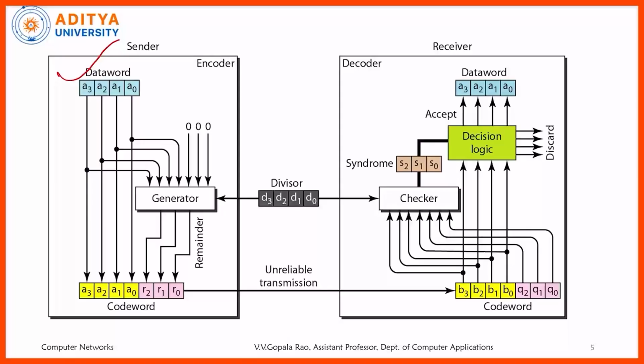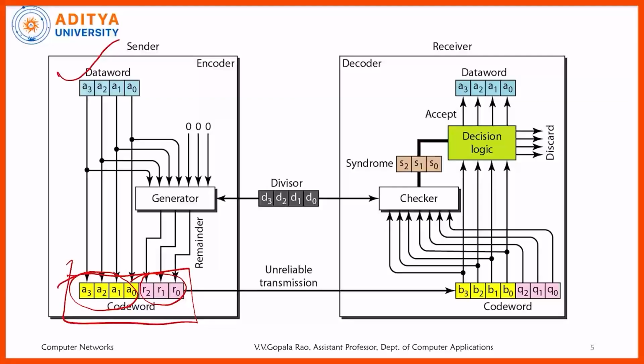The role of the generator is to generate redundancy bits, so that the data word, that is A0, A1, A2, A3, and the redundancy bits that are generated from the generator will be clubbed together, and this total word can be referred to as a code word.